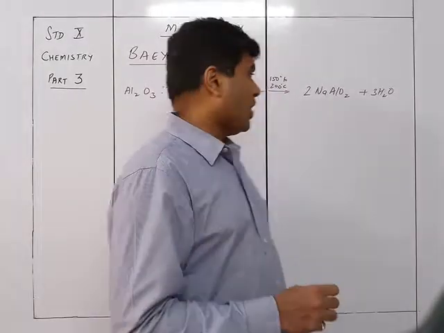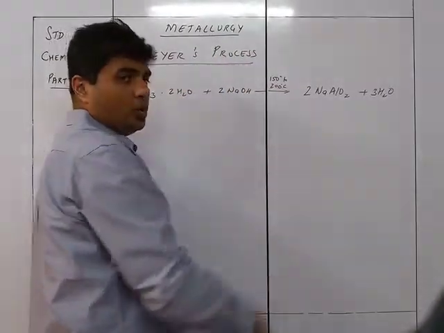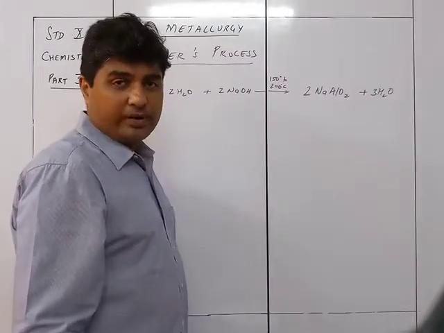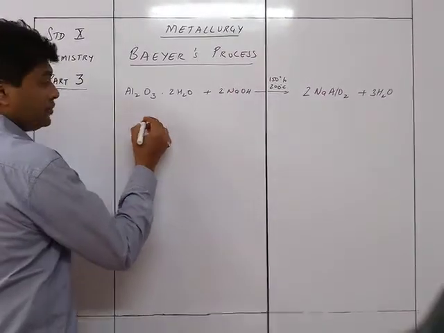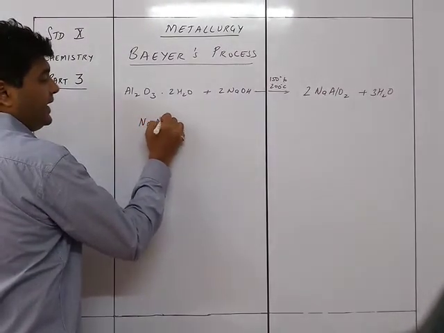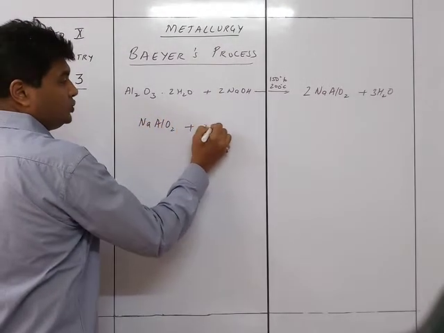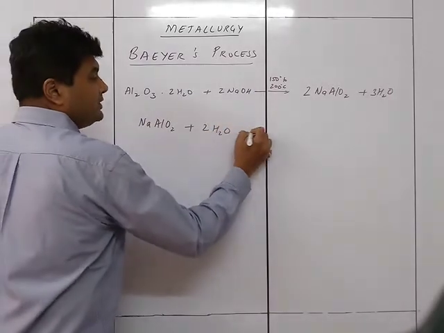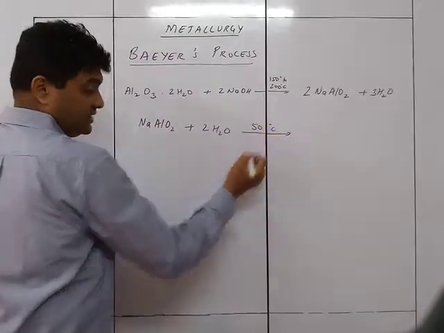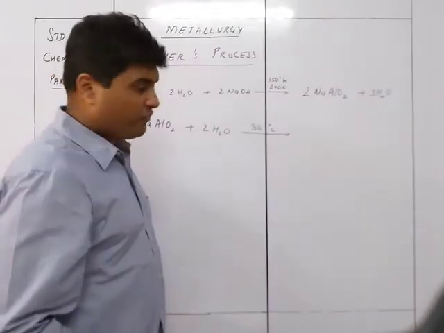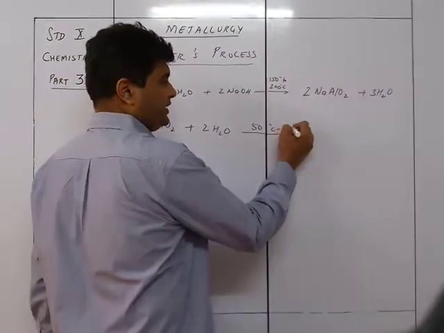So now what we have got is NaAlO2, sodium aluminate, and water is also there. This NaAlO2 plus 2H2O we are going to heat at a lower temperature, just 50 to 60 degrees Celsius.